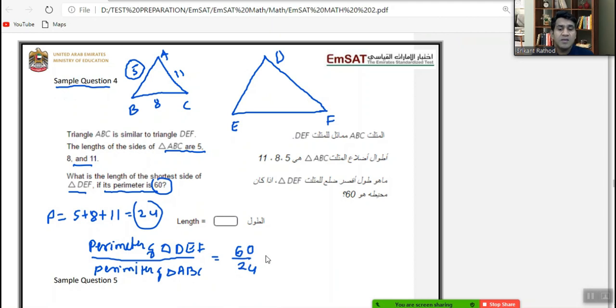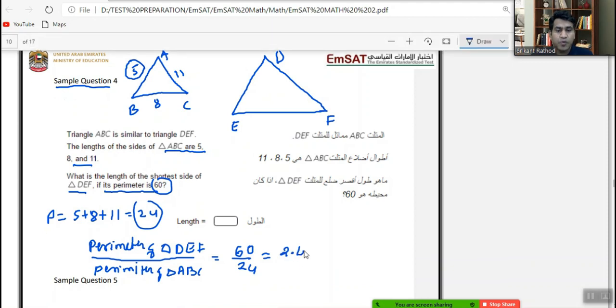We get the value here as 2.4. It means the sides of triangle DEF are 2.4 times the sides of triangle ABC, right? That is the meaning here.